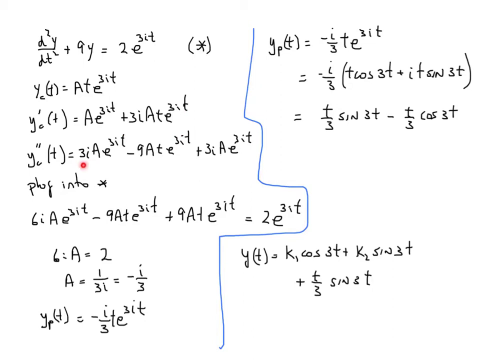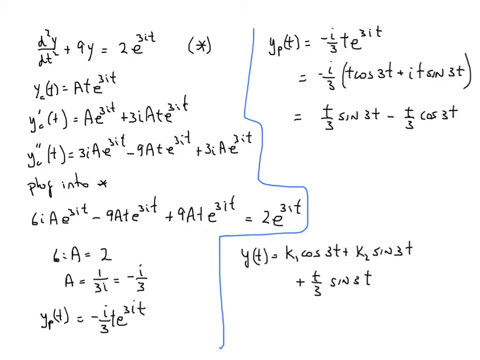and collecting this 3i and this 3i term, we have a 6ia e to the 3it right here. Here's our minus 9a t e to the 3it, and then here's the 9a t e to the 3it produced by this term in the equation.